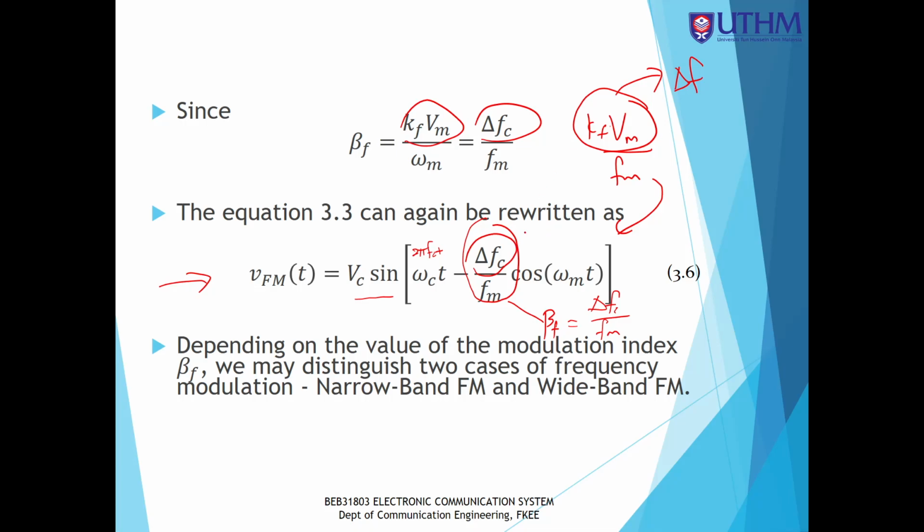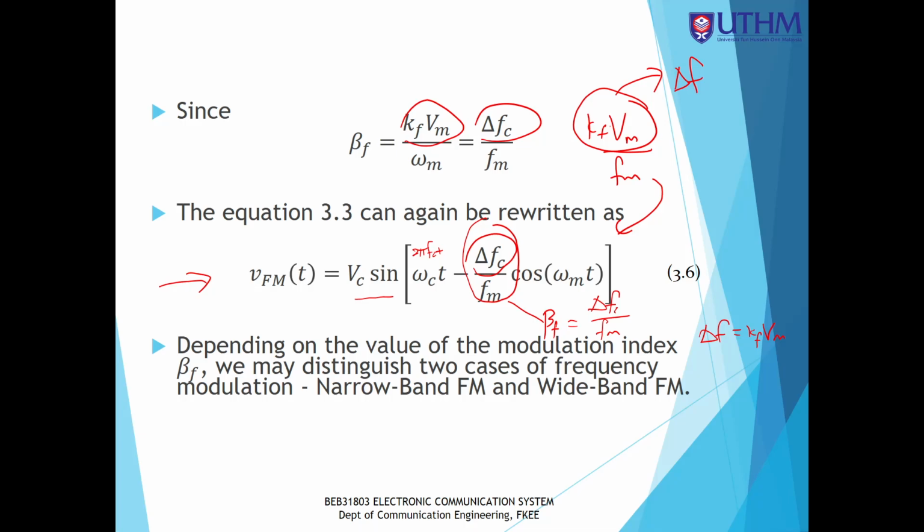Delta F is kf Vm. We just replace it, so don't be confused. Kita cuma gantikan sahaja. Delta F over Fm is what we call the beta F modulation index. Delta F is the frequency deviation.